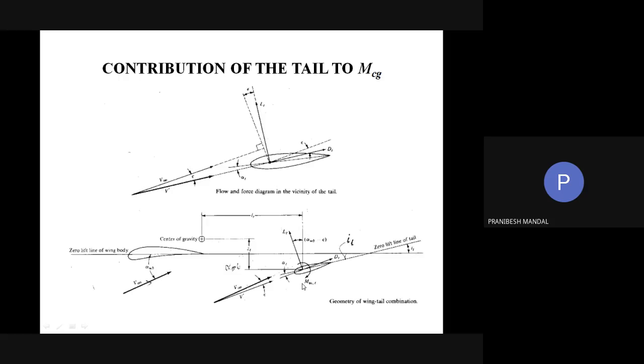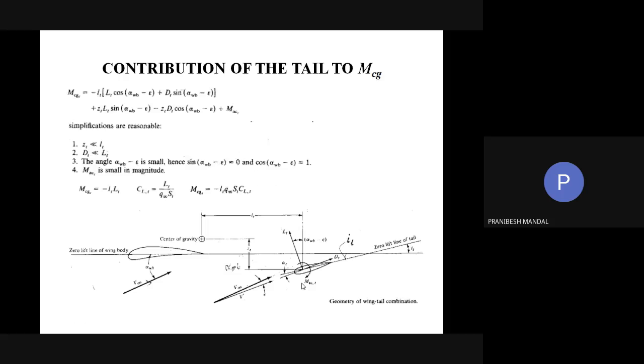So there are two forces, LT and DT, and one MACT on the tail. And about the CG, the forces will have this particular equation for moment.